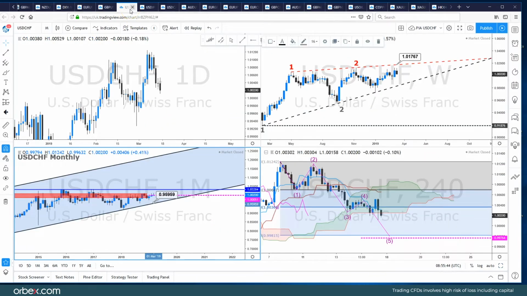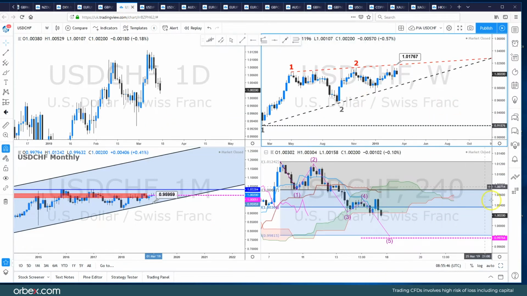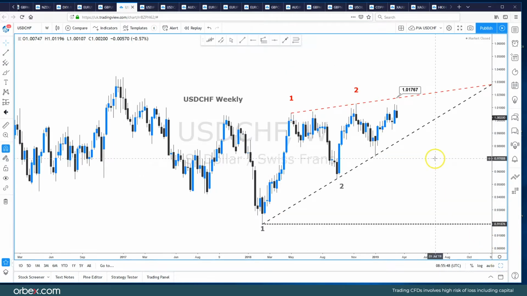Dollar Swiss, and again, we like the bearish outlook with the dollar. What normally happens when we form a wedge formation is we normally hit the trend line resistance 3 times, and we haven't done that. We've posted an inside week, which highlights indecision.